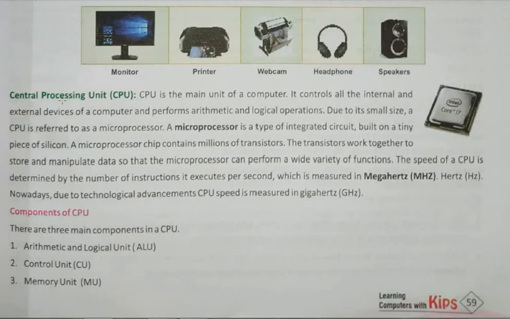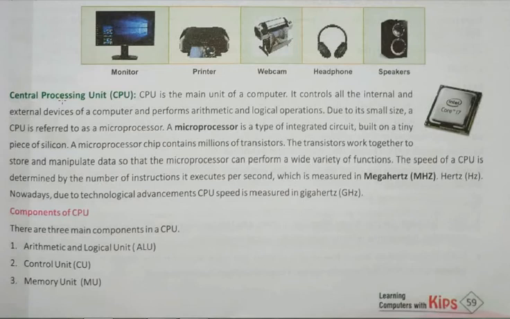Also we will see the internal part of the CPU, where you will be able to recognize our units. That microprocessor has millions of transistors which help us to store our data also.